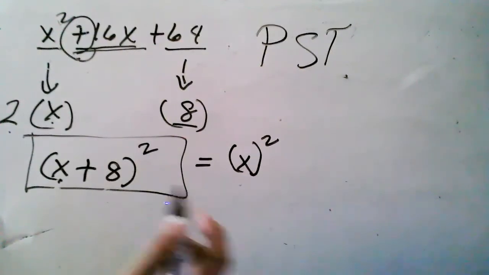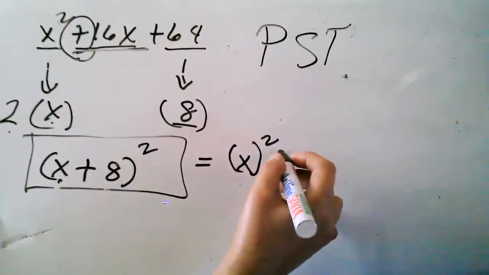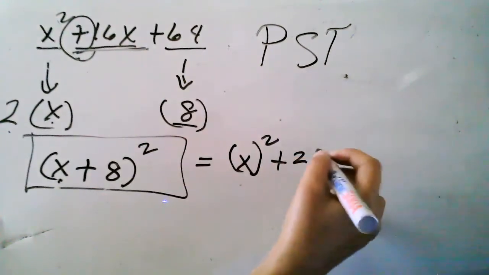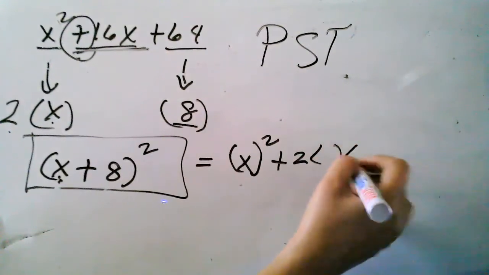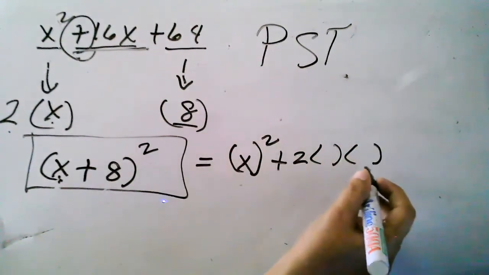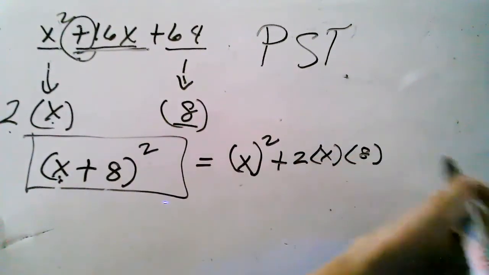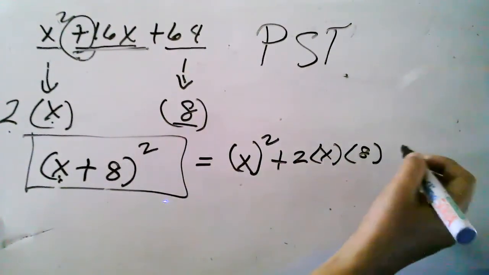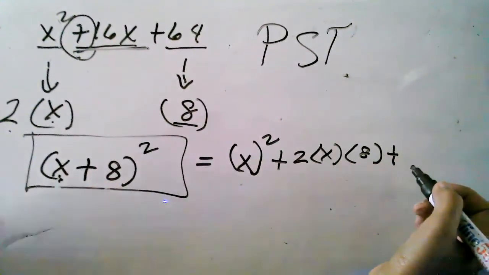Next, to get the middle term, we multiply by 2 the product of the first term and the second term, which is 8. Okay, so x and 8. And to get the last term, we need to square the last term.